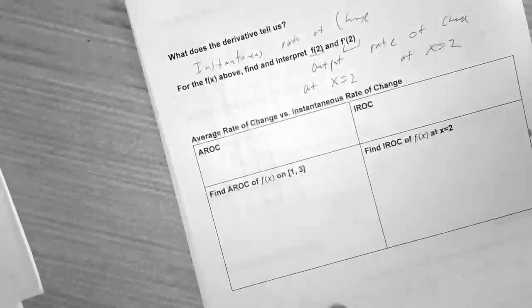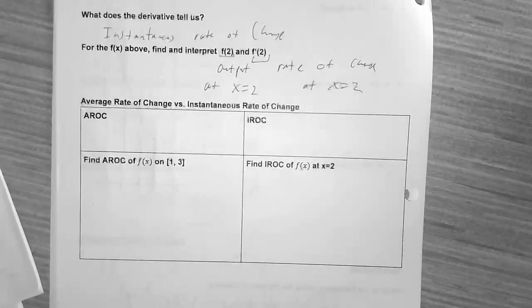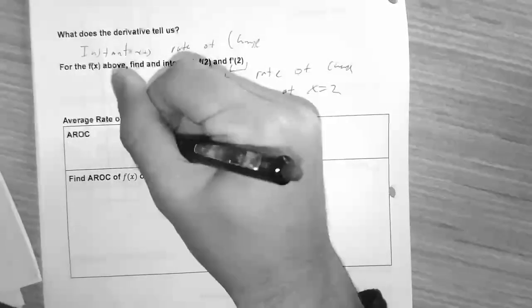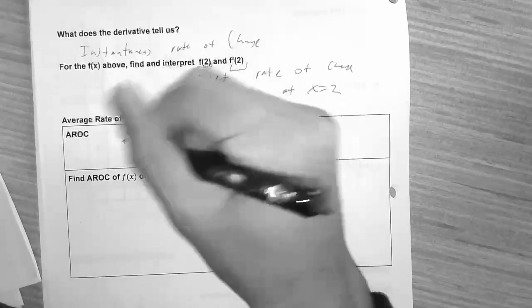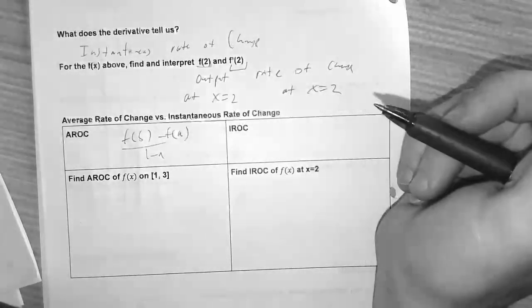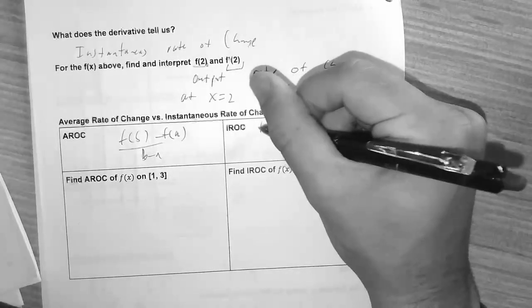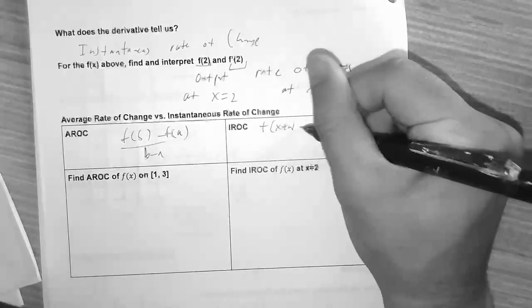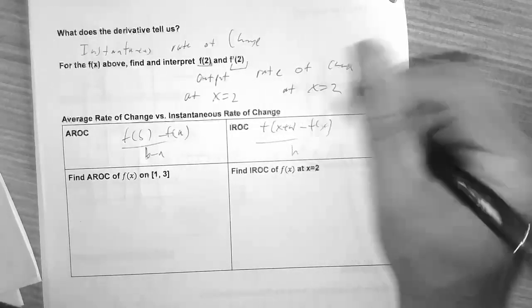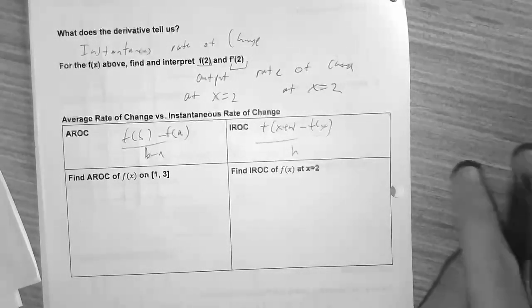Okay. What is the difference between AROC and IROC? AROC is f of b minus f of a over b minus a, right? Pretty straightforward. IROC is not. IROC is f of x plus h minus f of x over h. Okay, that's all you need to know.